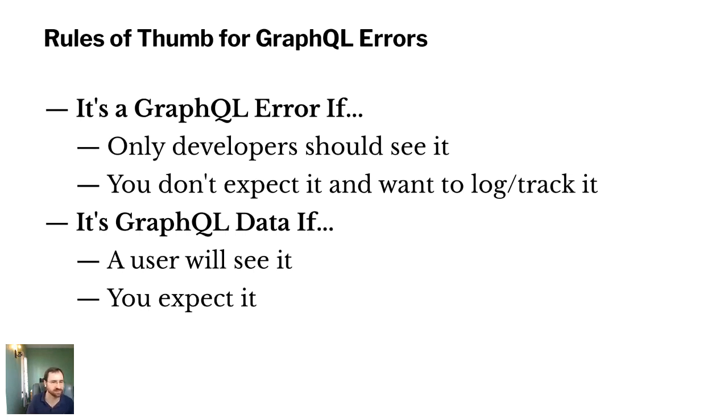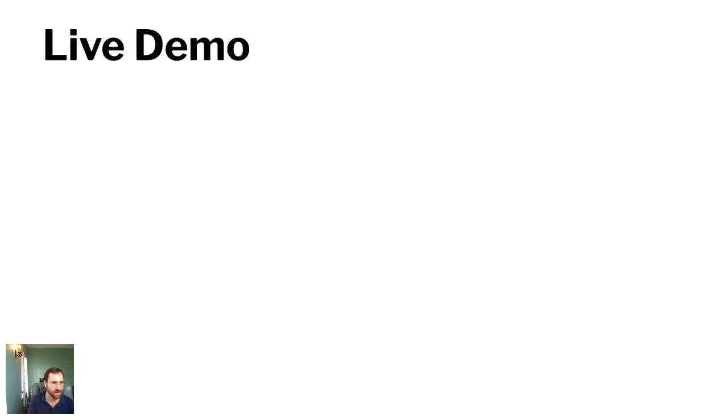Those are expected code paths, and they really deserve to be first-class GraphQL data. So I'm going to do a live demo to demonstrate how to model those error states as first-class GraphQL data rather than relying on the GraphQL error mechanisms.